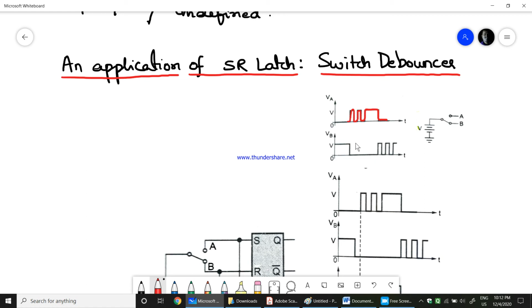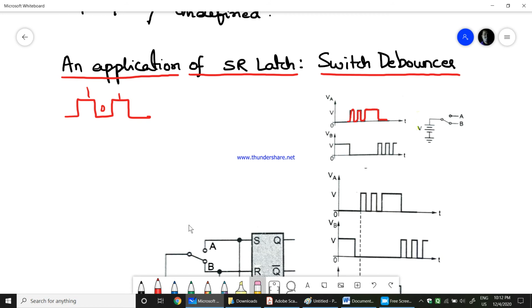Therefore, we need to add the switch to a circuit where when the key is pressed, it should take 1, and when the key is released, it should immediately take 0. So you need to have a proper square wave in this sense, where the switch is pressed or released. So you need to get a 1-0 condition with the proper duty cycle.